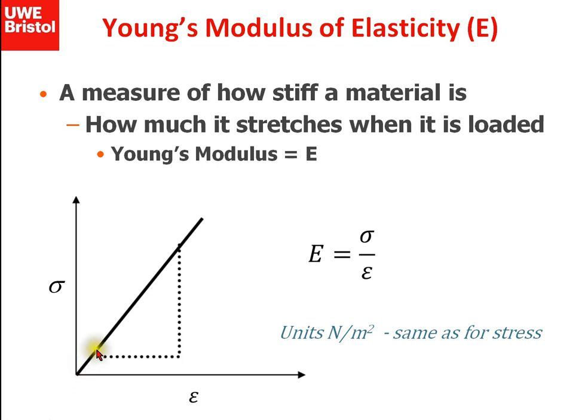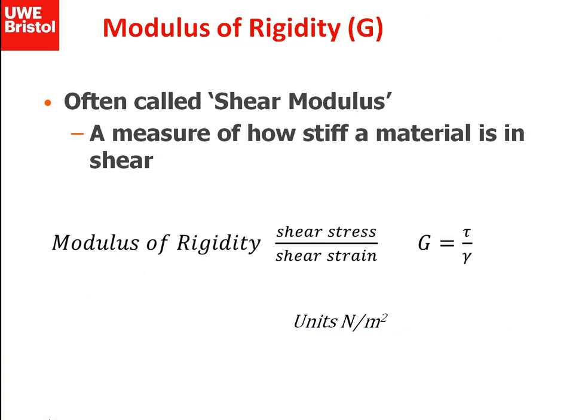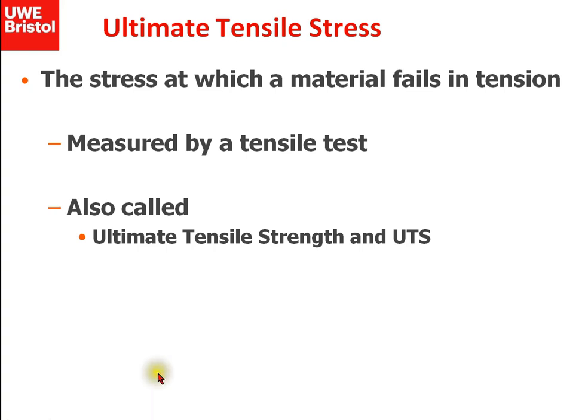This linear relationship works up to the yield stress position, and the ultimate tensile stress you can consider to be the maximum amount of stress that you can apply, at which point you would not design anything at all.